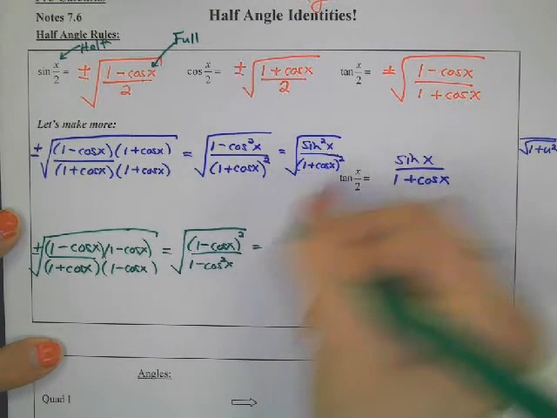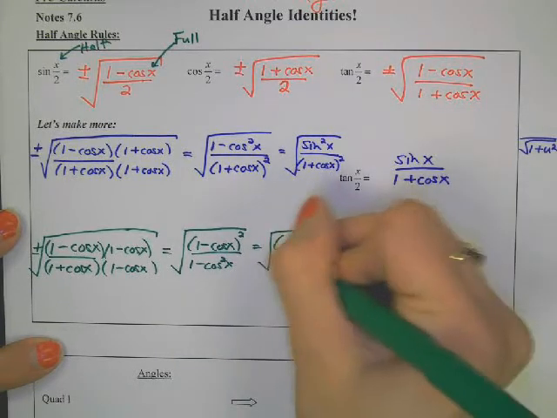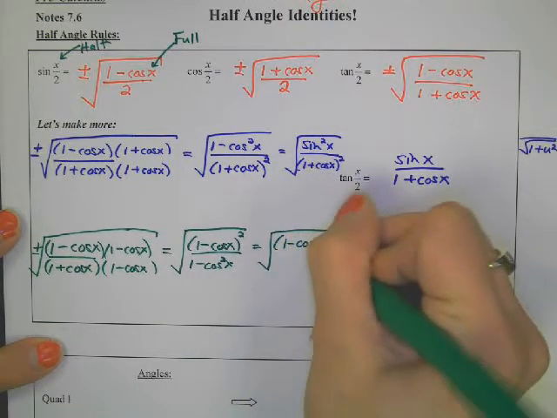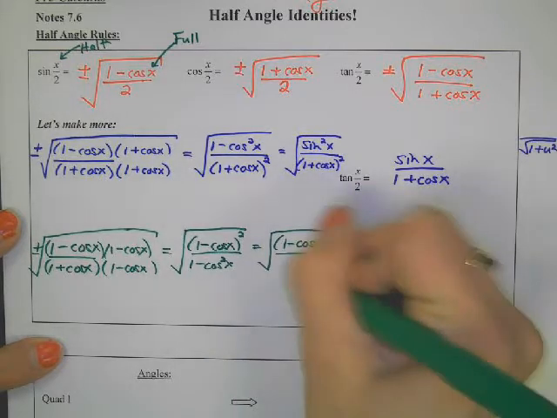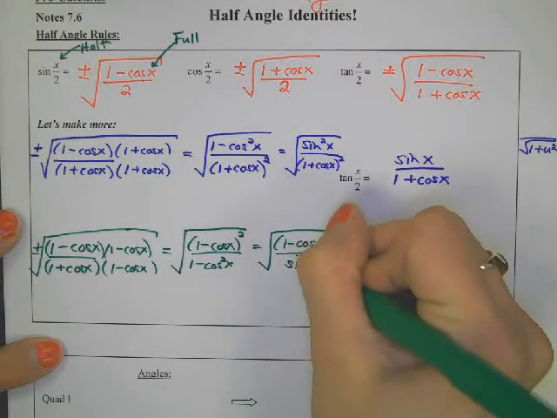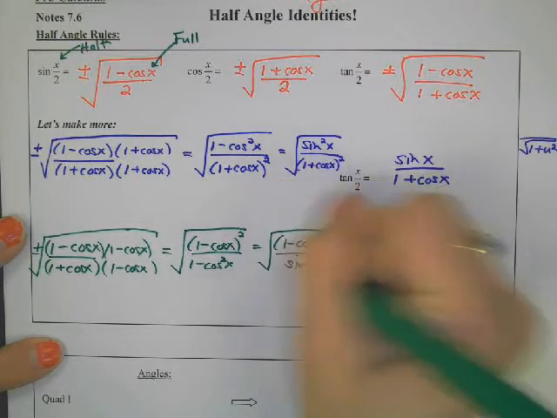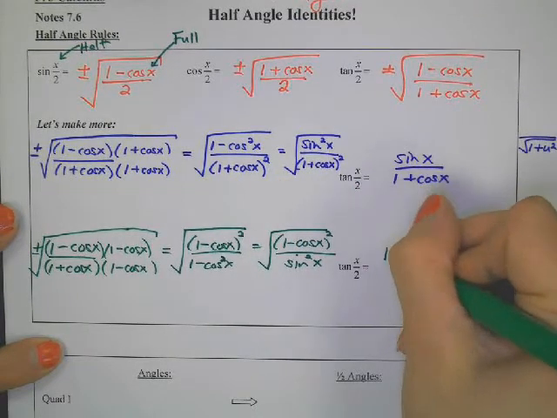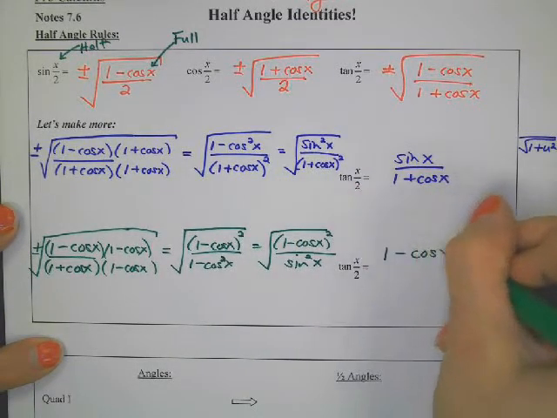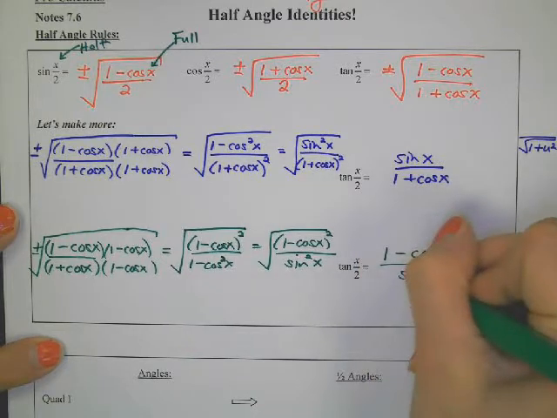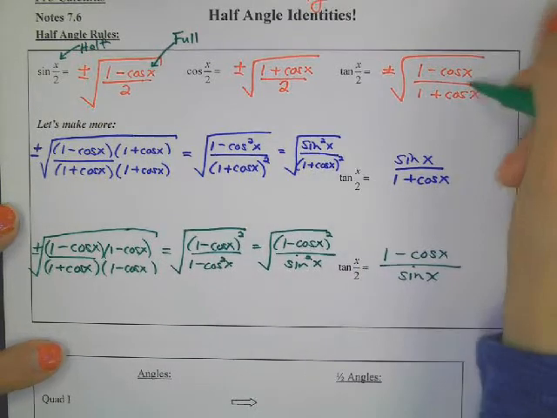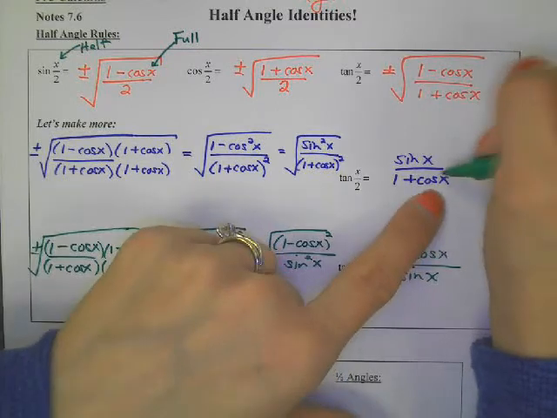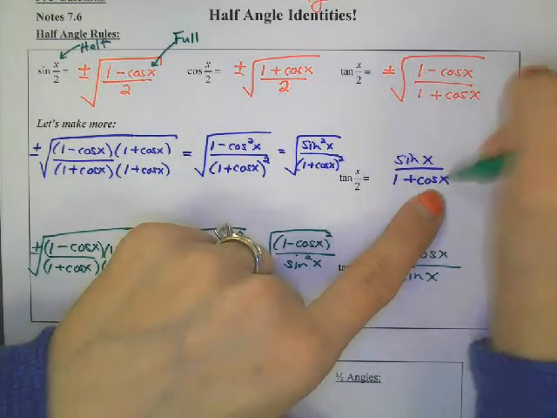In fact, it's the same difference of squares as up there. So we've got 1 minus cosine of x quantity squared divided by sine squared of x. So both of those can come out of the radical. And we have 1 minus cosine of x over just sine of x. So you see essentially what happens here is if you have the denominator twice, then it's that denominator.